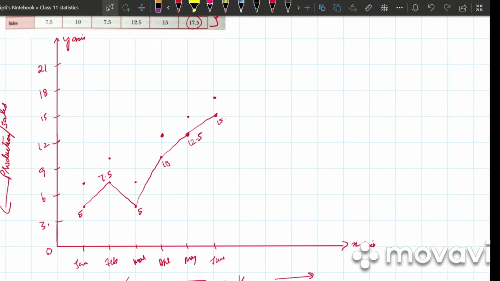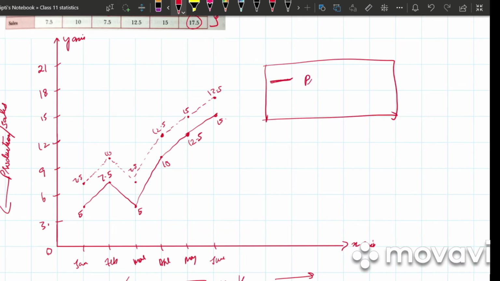Now because they are two different, that is production and sales, we will be drawing dotted lines. 7.5, 10, 7.5, 12.5, 15 and 17.5. And then we'll be drawing a box.